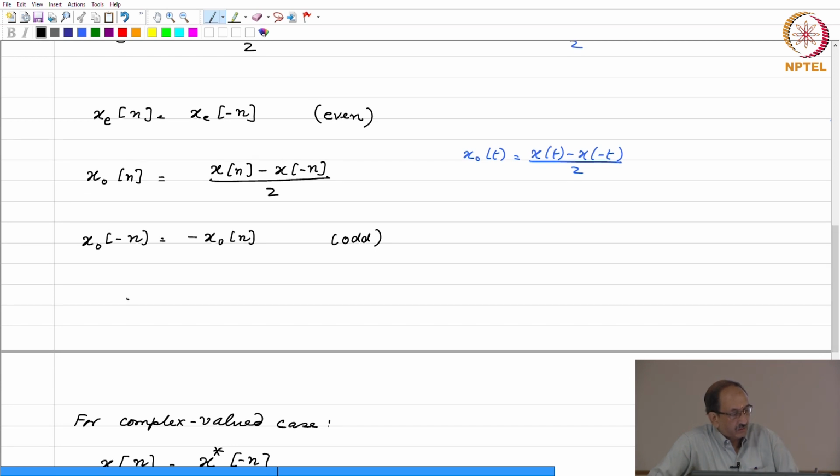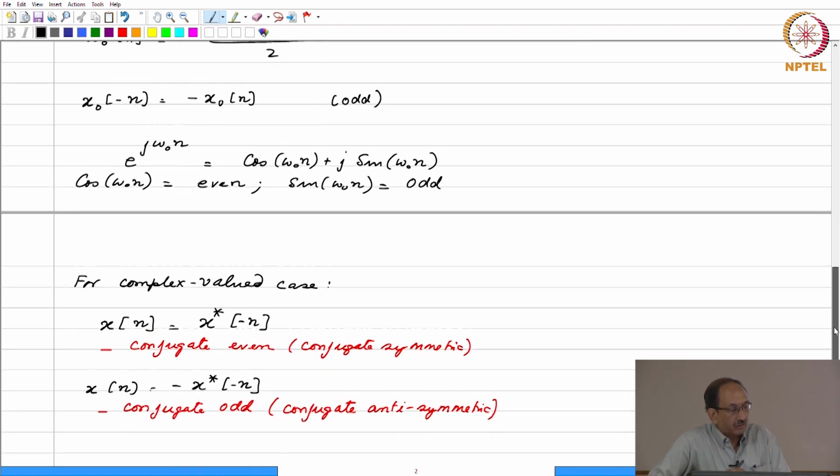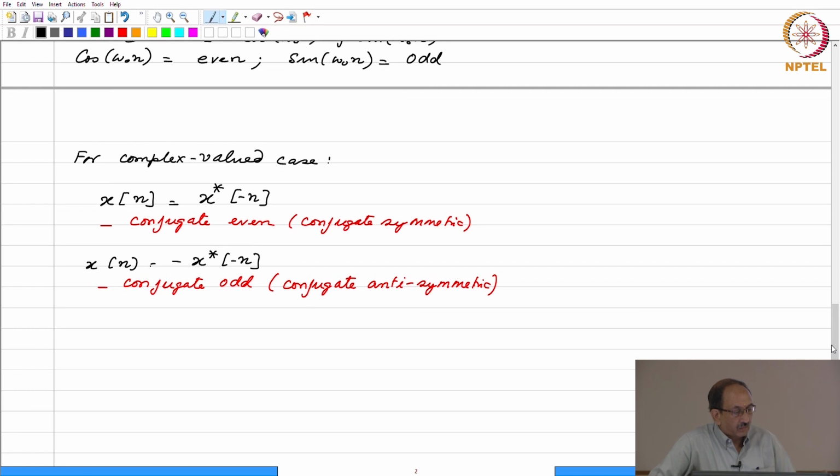Here, if you consider e to the j omega naught n as a signal, this is cos omega naught n plus j sin omega naught n, and it is easy to see that cos omega naught n is even and sin omega naught n is odd symmetric. So the real and imaginary parts are even and odd, which you must have seen any number of times before.